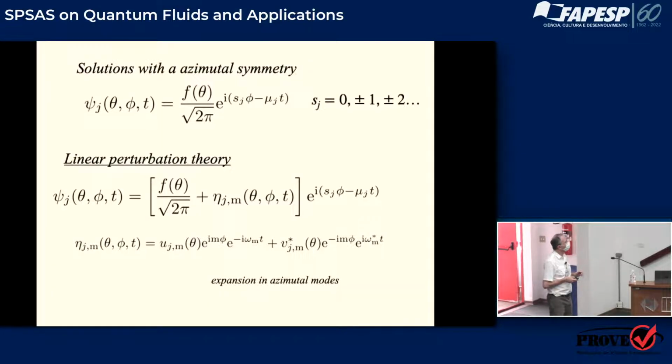And on top of the solutions, you can analyze their stability. So what you do is make a linear perturbation theory: you add some perturbations, and this is a standard procedure, you add this perturbation expanded in angular momentum modes. This is well known as the Bogoliubov-de Gennes perturbation theory.